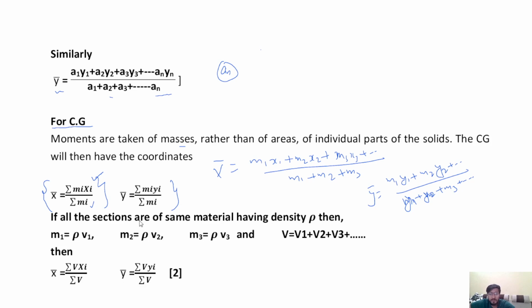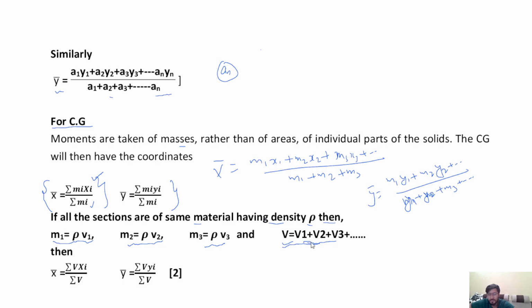If all the sections are of the same material having density rho, then m1 equals rho v1, where rho is the density, which is the same, and m2 is equal to rho v2 and m3 is equal to rho v3 and so on. The volume of the whole figure, v, is equal to the sum of the individual volumes.